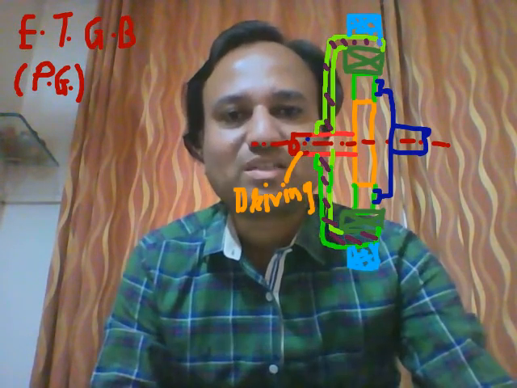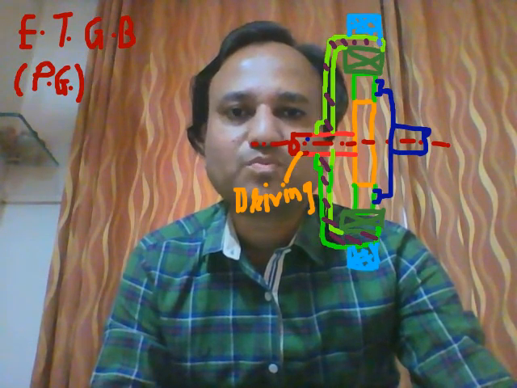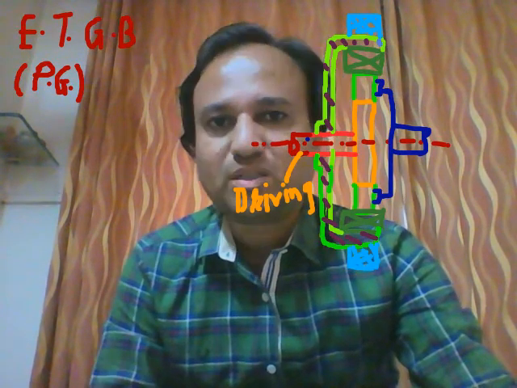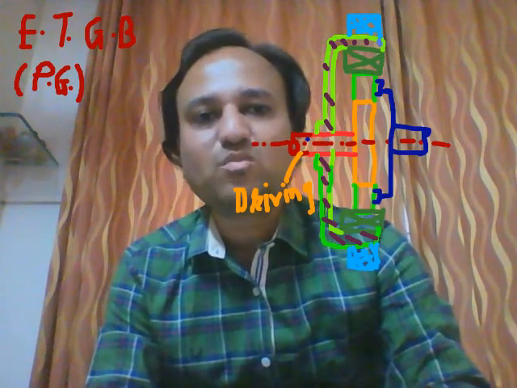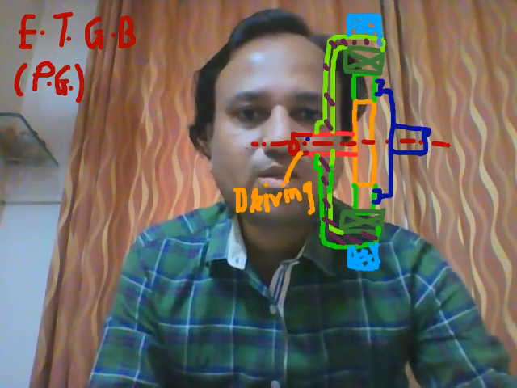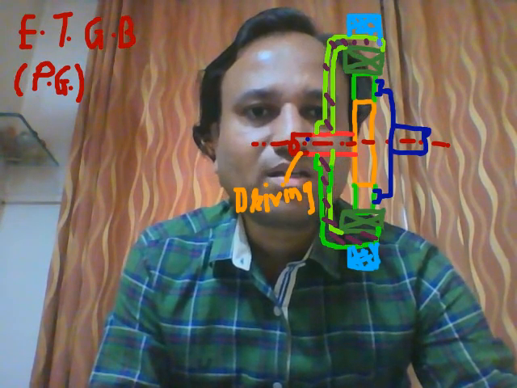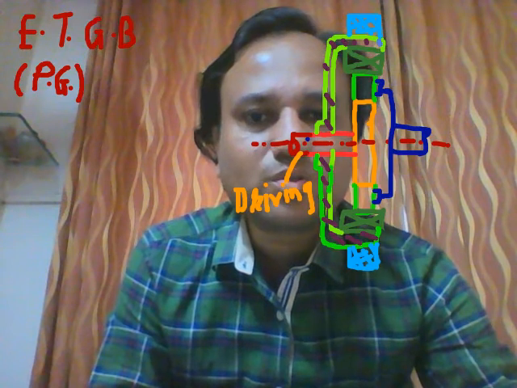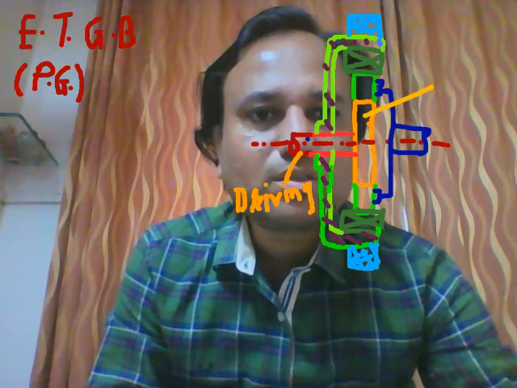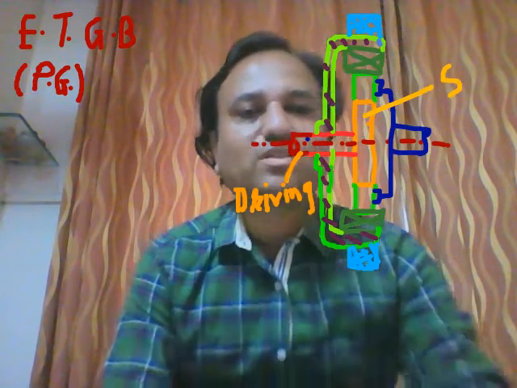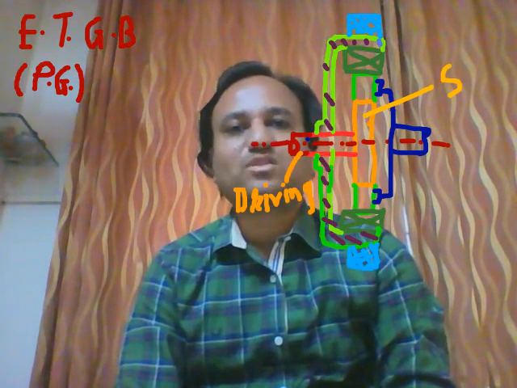This driving shaft of the gearbox is connected to the output shaft of the hydraulic clutch, that is either torque converter or fluid flywheel. This driving shaft is coupled to the sun gear. S for sun gear.